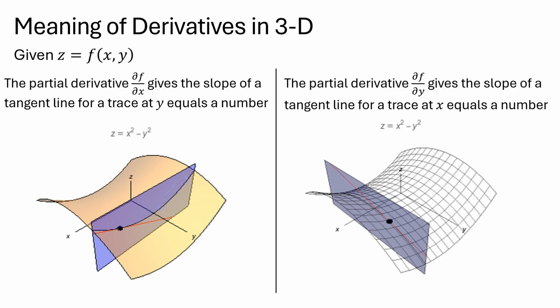Similarly, taking a trace with x equals a number results in a plane cutting the surface parallel to the y-axis and allows us to give the partial derivative of the function with respect to y as a tangent line.